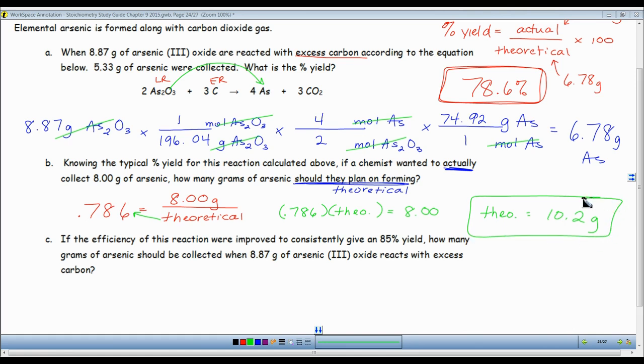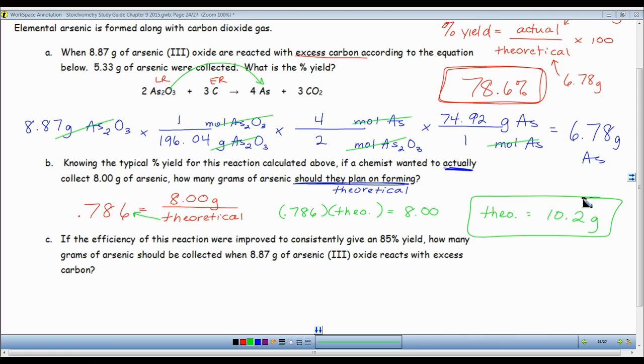Okay, so here's what this means. A 78% yield means that you lost about what, like 22%? We're going to lose a little more than like 20% of our product, typical for this reaction.